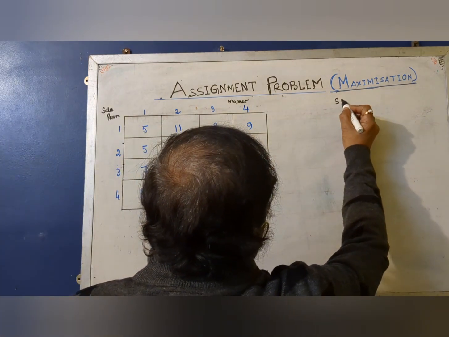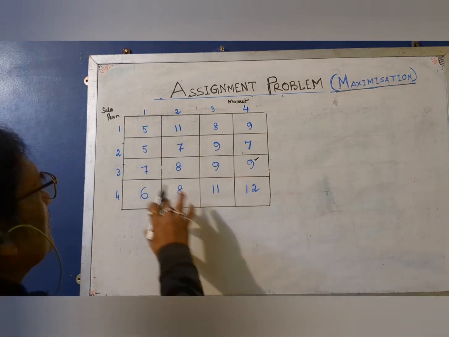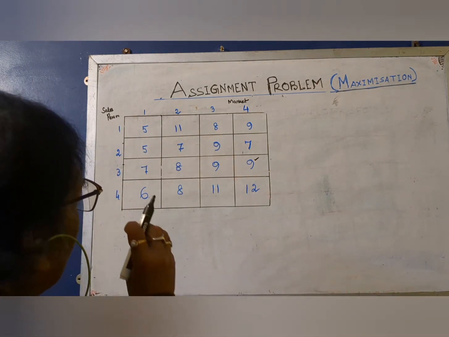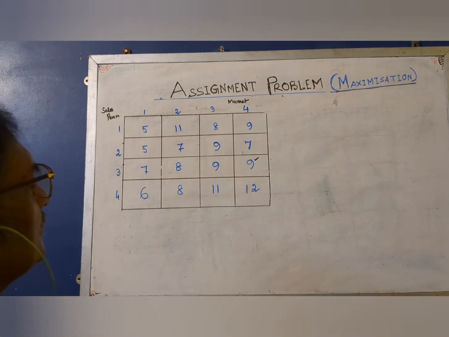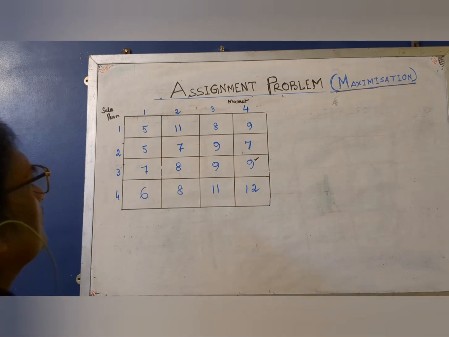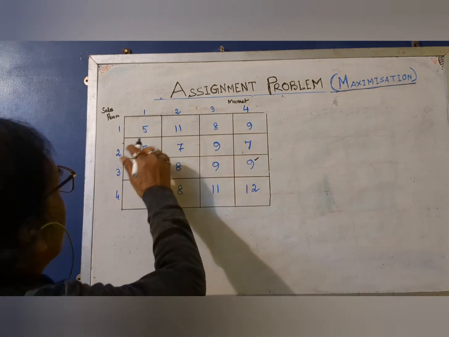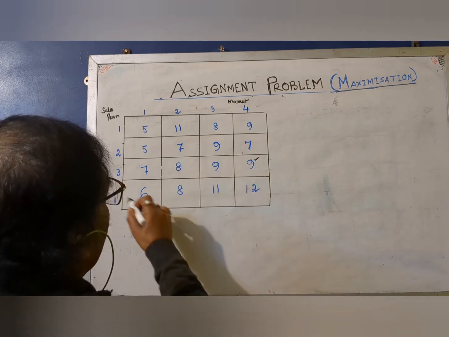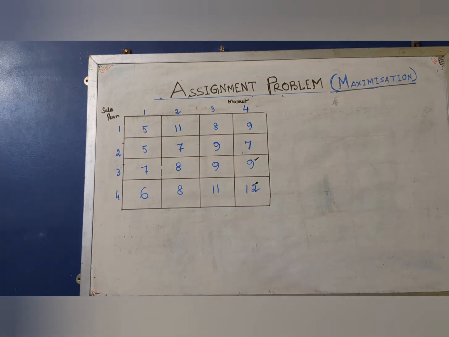For saving the space, I am doing the process on the same matrix. How do you convert? You select the maximum profit element from this matrix. Which is the maximum profit? 5, 11, 7, 9. From all of these, 12 is the maximum profit.